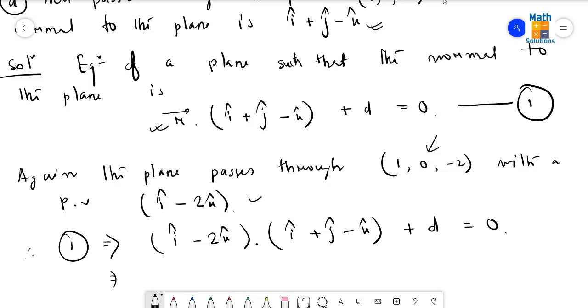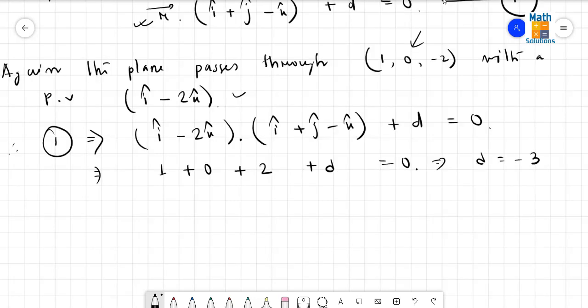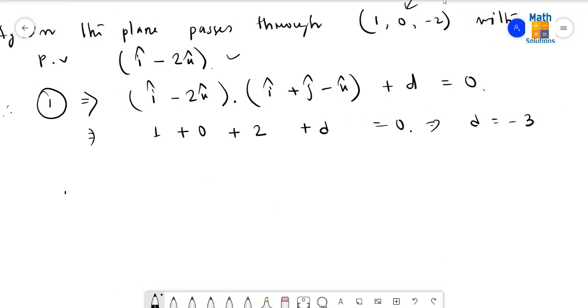Let's find out its dot product. So it is 1, then plus 0, then plus 2, plus d is equal to 0. So I shall get here d is equal to minus 3. So in the main vector equation, in 1, we can put this result.